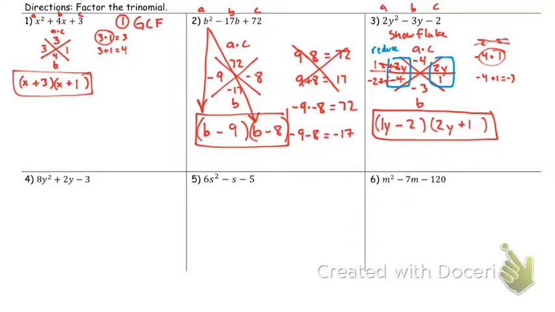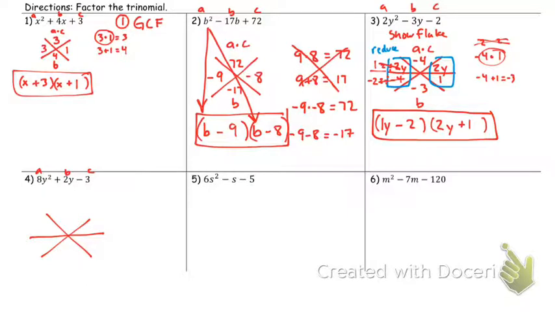Let's try 4. Again, check for GCF. GCF is not there, but we have an a value that is not 1, so we're going to do the snowflake method here. So here's my a, my b, and my c.